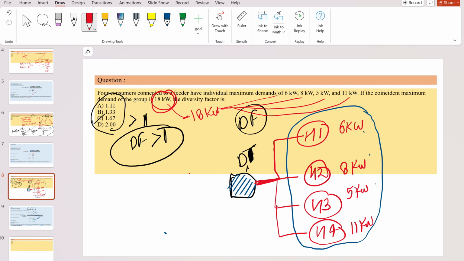So you need one peak which defines the overall system. We have taken the coincident maximum demand of the group, 18 kilowatt, at a particular time instant. So you take the summation and divide it by 18, and you get the diversity factor of the overall feeder, which is greater than 1.